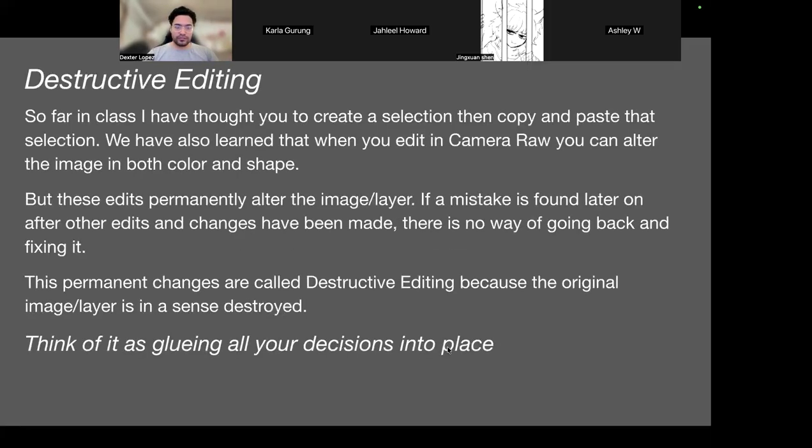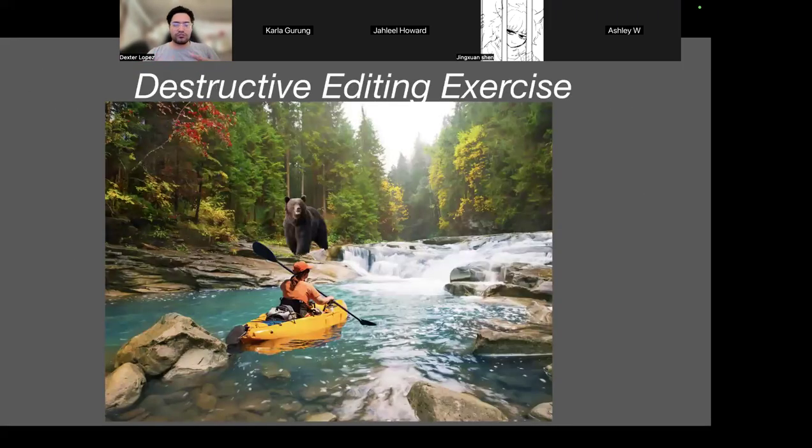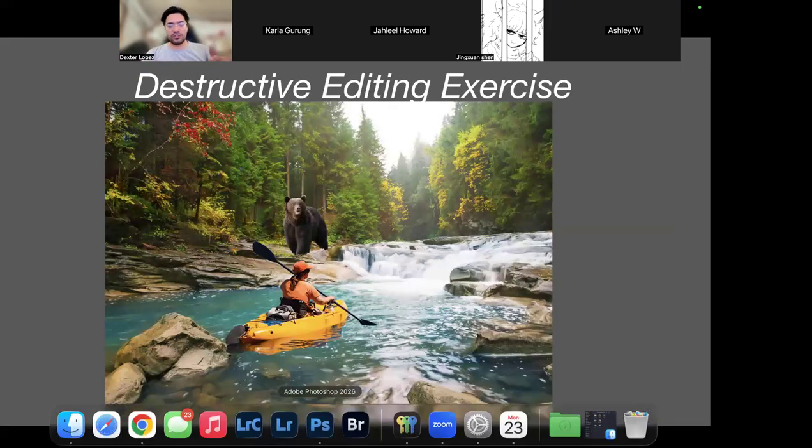Destructive editing is what we've been doing in the class so far, where we make a selection, copy and paste, and then discard the original layer or turn it off and work with this new copy version of it. In a sense, that's like cutting something out and then using that. It's a destructive way of editing, and I'm going to show that really quick.